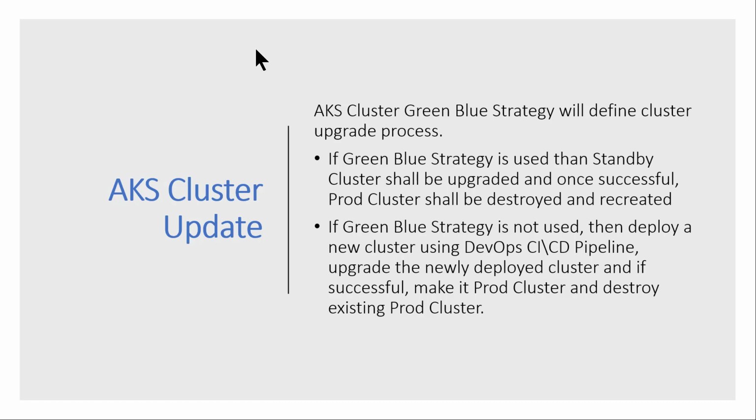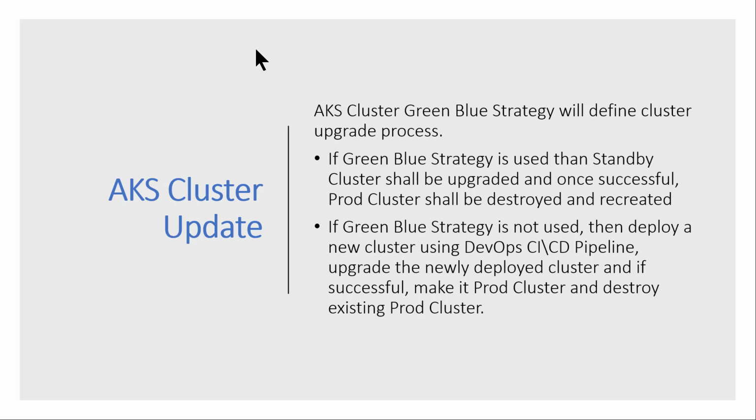So if you're using a green blue strategy, it's no brainer that you would upgrade your standby cluster, making sure and testing successfully everything is good. If that update is successful, you bring that into production, destroy the existing production cluster, and recreate the standby, right?